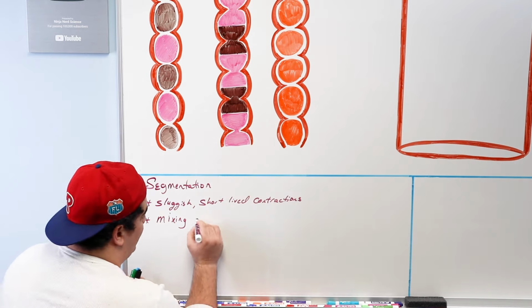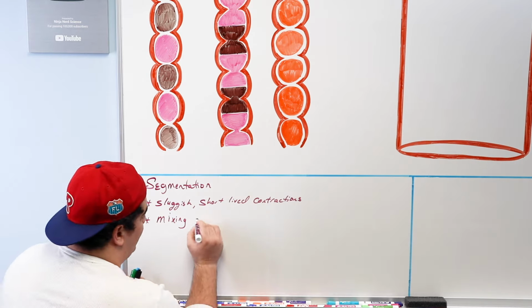So we want to mix the chyme with the bile, pancreatic enzymes, and intestinal and pancreatic fluid to enhance absorption and chemical digestion. But we also want segmentation so that whenever this is contracting, it's causing increased contact between this chyme bolus and the mucosal surface. Why the mucosal surface? Because that's where absorption is occurring. So what do we need to know about segmentation?